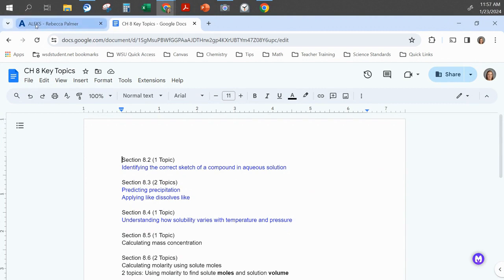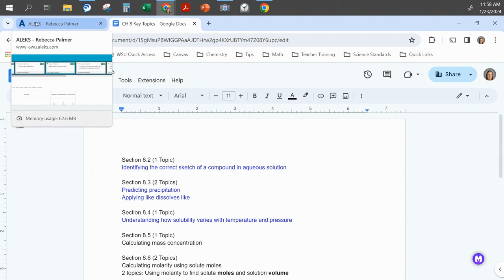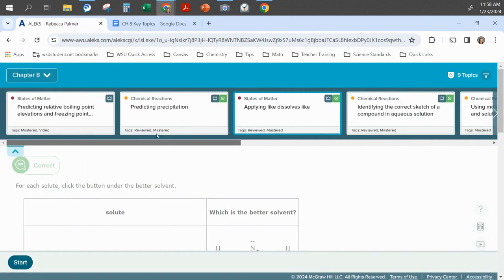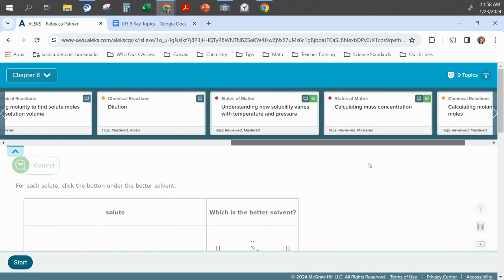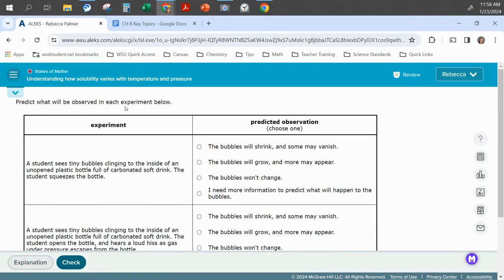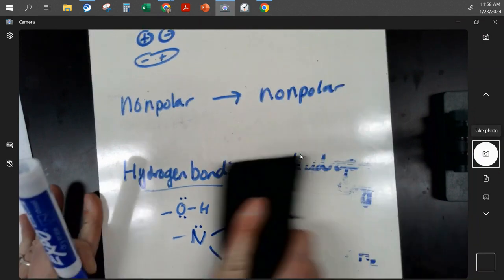Okay, the next one is understanding how solubility varies with temperature and pressure. So this is mostly an intuitive question, but we have to use some reasoning. So before we do this one, let's write down a few tips.